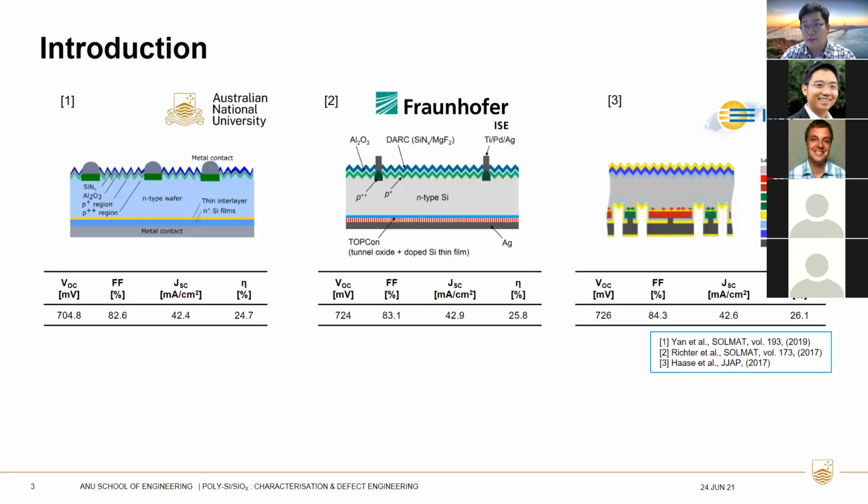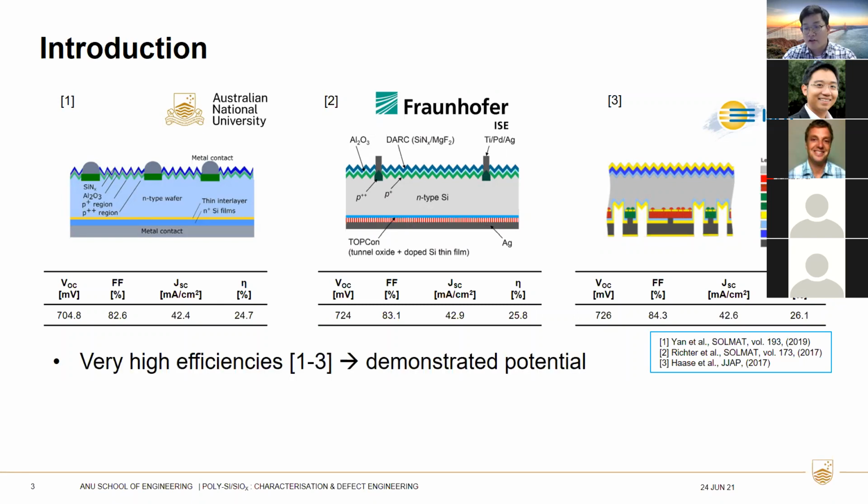Let's start with the introduction. As you know, the polysilicon passivating contact technology is currently attracting a lot of research interest from the PV community. As you can see from the figures here, there are a lot of record device efficiencies from, for example, ANU, Fraunhofer ISE, and ISFH.